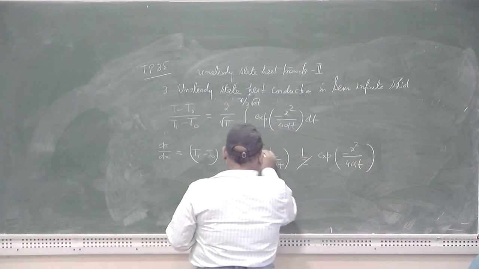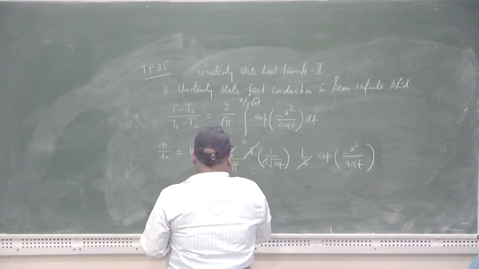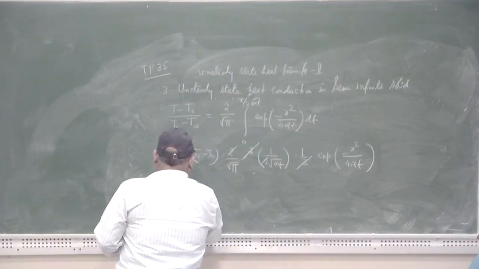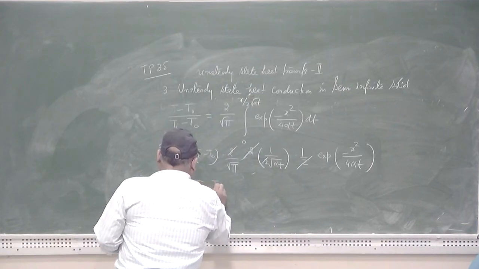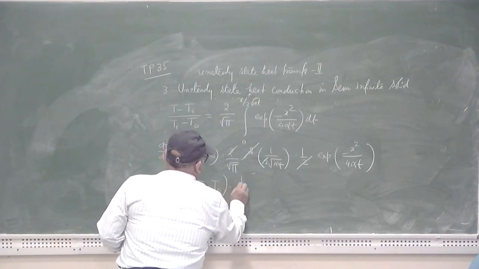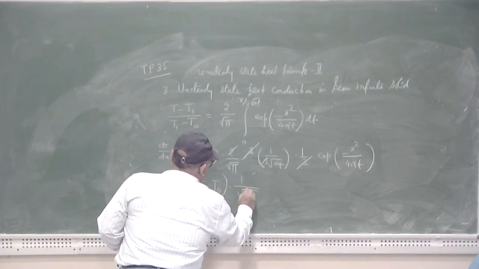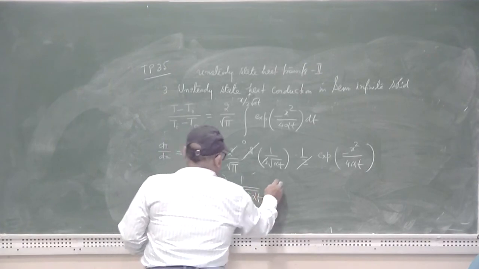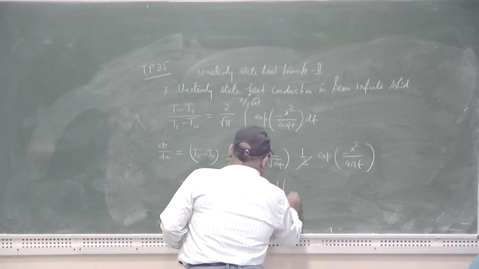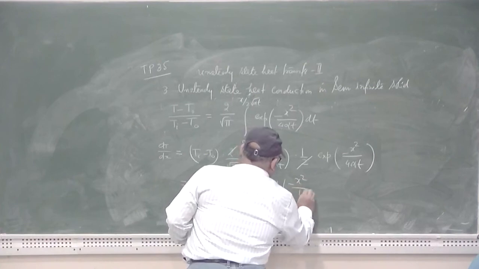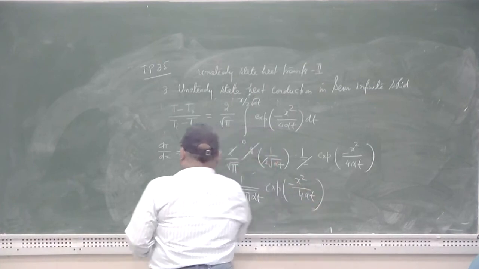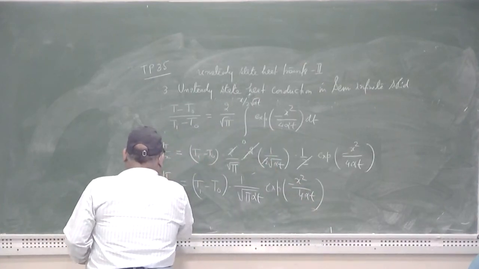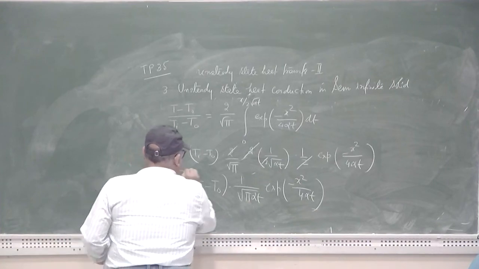So this 2 will get cancelled out, so that will be equal to ti minus t naught into 1 upon under root pi alpha t into exponential minus x square by 4 alpha t. So this is the value of dt by dx that we have obtained.